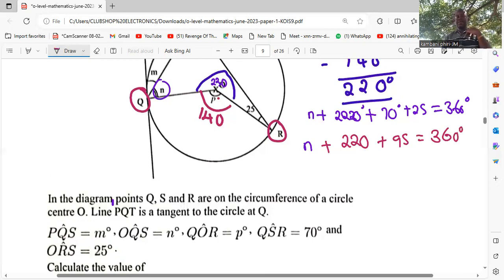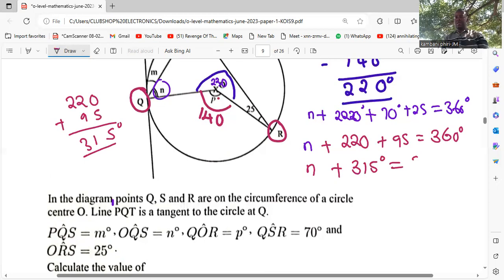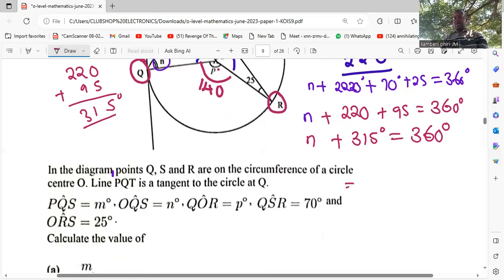So you can add 220 plus 95, and we get 315. So N plus 315 degrees equals 360, implying that our N will be 360 degrees minus 315 degrees.